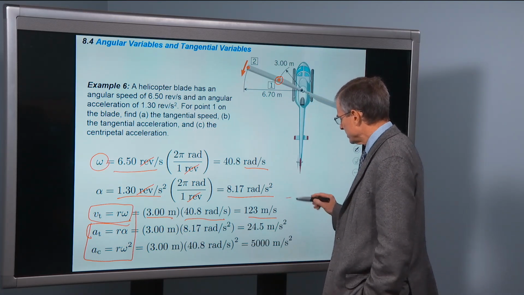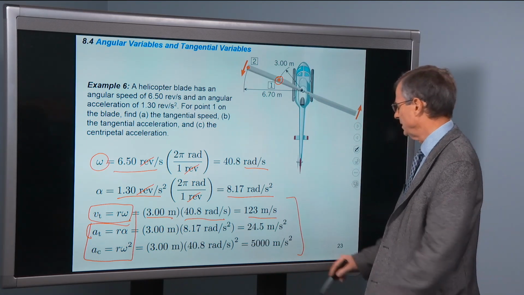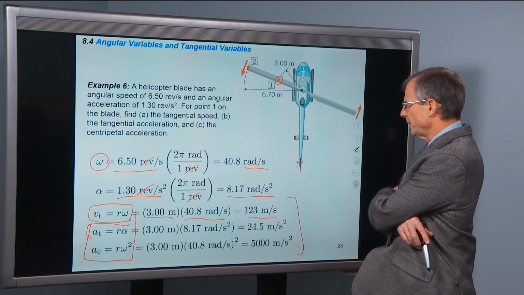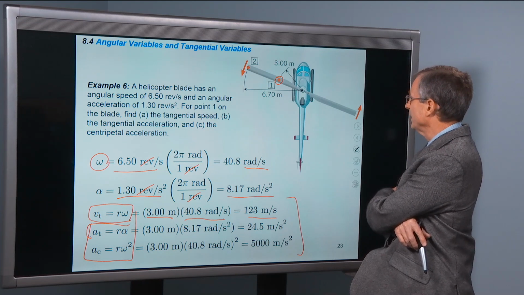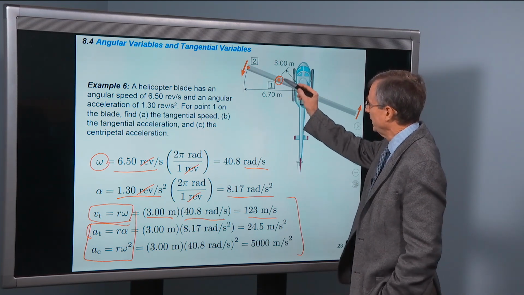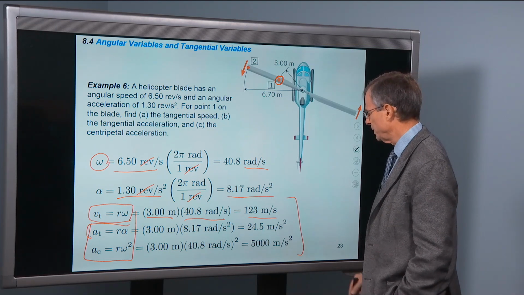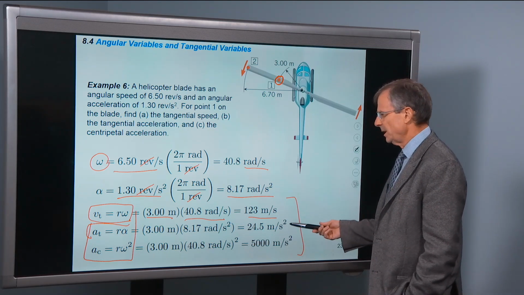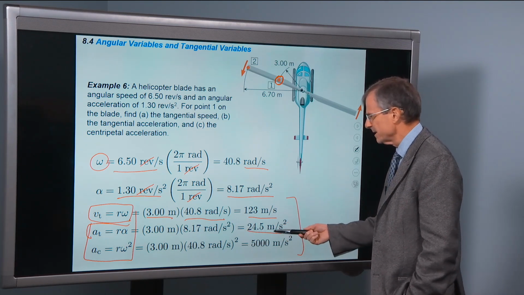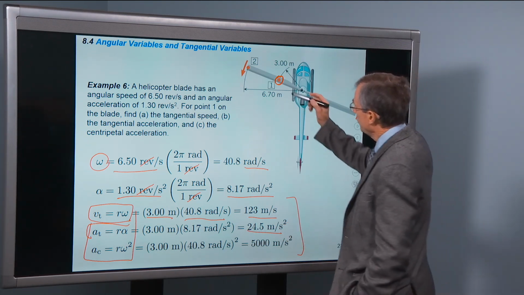This just gives us the results. 123 meters per second is how fast that point is moving at this point here. Pretty good rate of speed for sure. This alpha says how fast this point is accelerating.